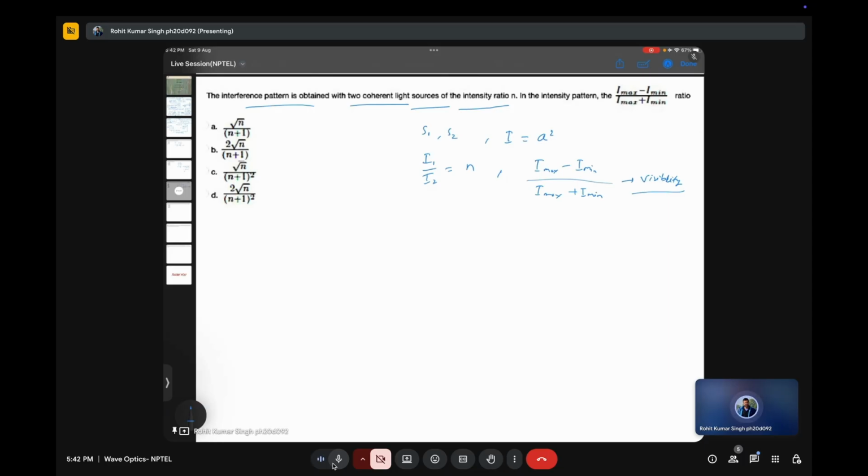How would you do this? Any idea? So this is given, for interference pattern, two sources of light are there and their intensity ratio is given, and you have to find this quantity.